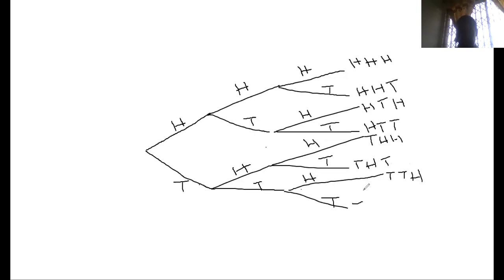So the first HH simply means that when you toss a coin 3 times, in fact, tossing one single coin 3 times is the same as tossing 3 coins once. Take note.